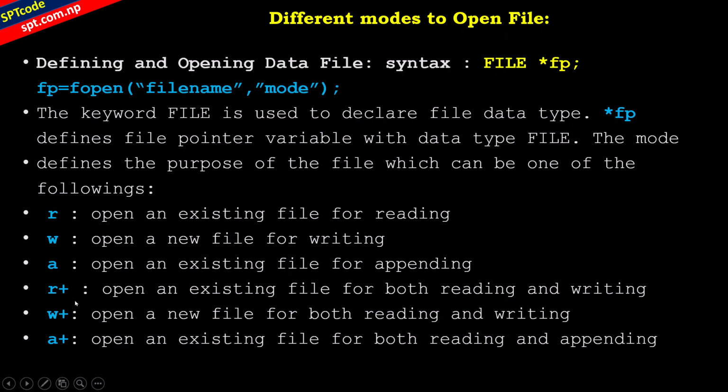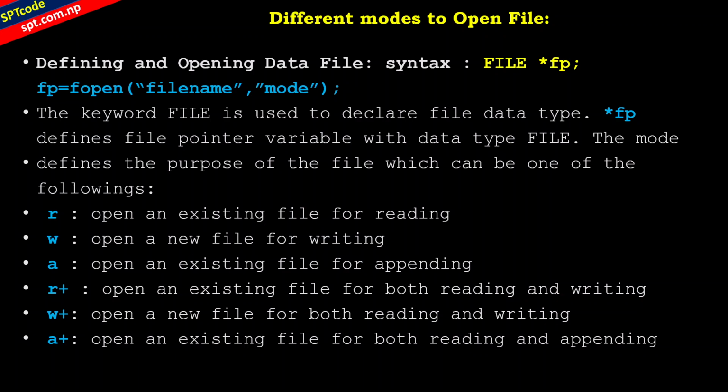It is very similar to append mode, but append mode does not let us read, while r+ helps us to read also. You can also find w+, which is also read and write, and a+, which is also read and write. So these are the modes.